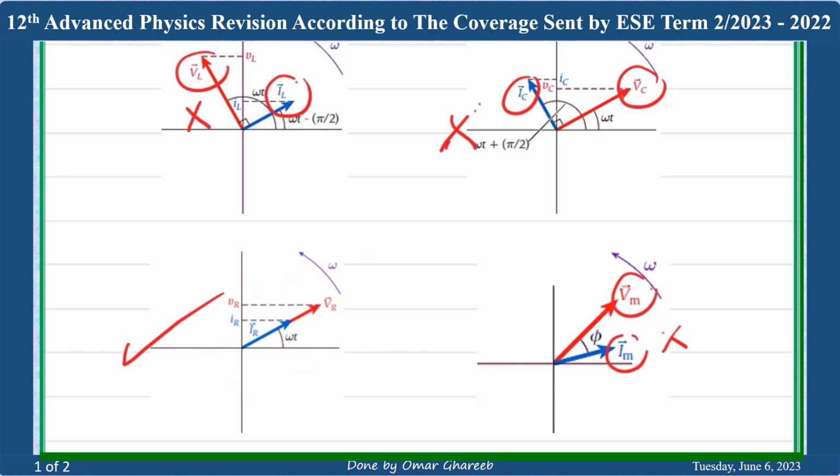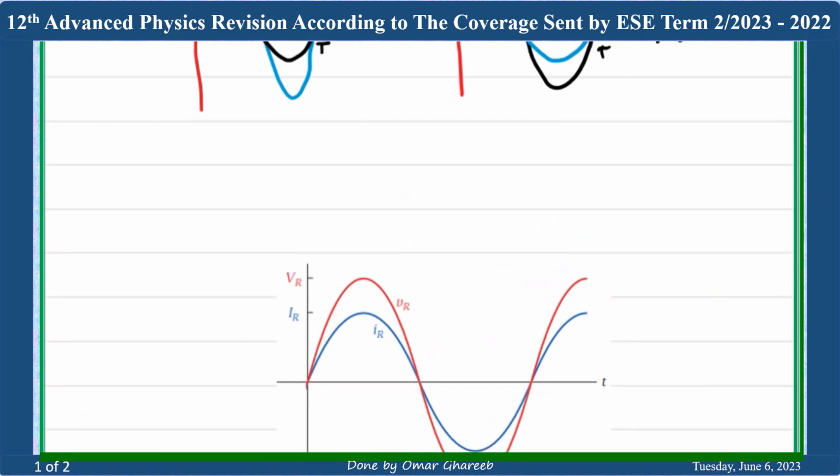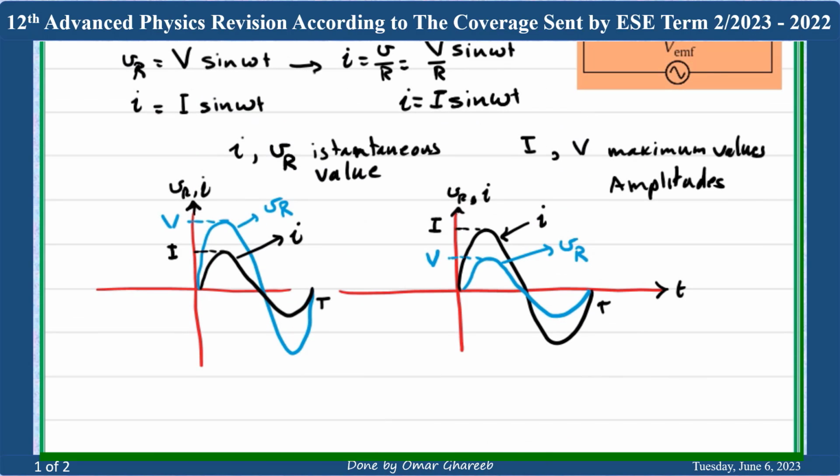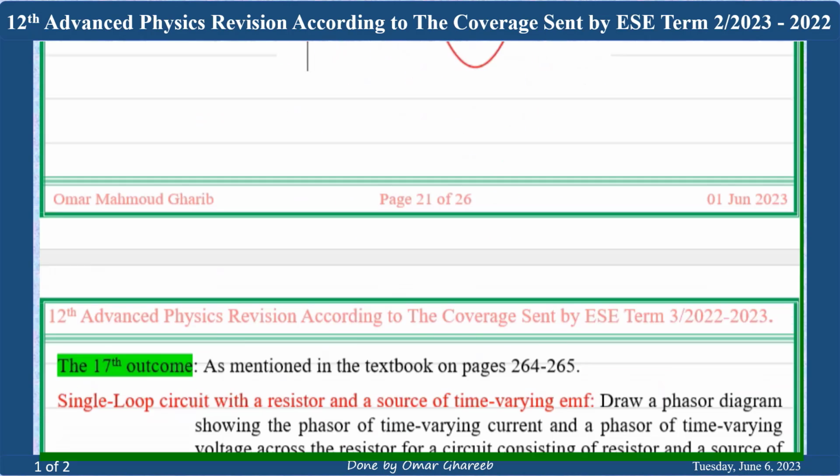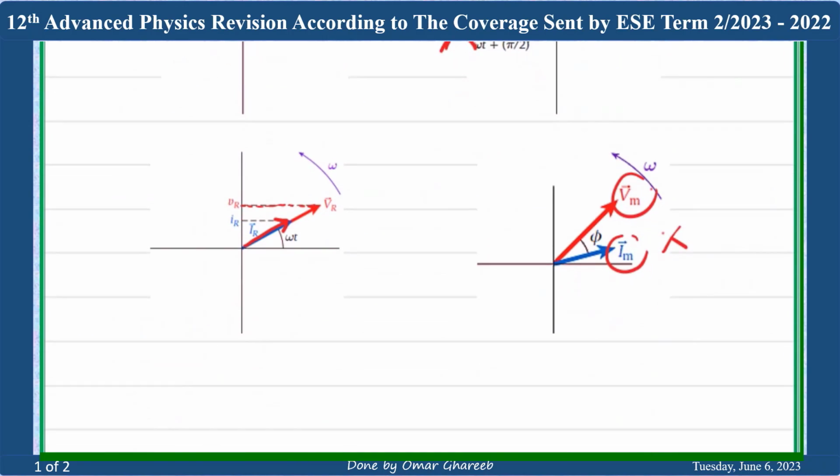But I need you to remember that the length of the phasor is the maximum value, and its projection on the y-axis is the instantaneous value. It is the opposite of that diagram. Here the graph itself is the instantaneous, and the amplitude is the maximum. Here it is inverse. The length is the maximum, and the projection on the y-axis is the instantaneous.